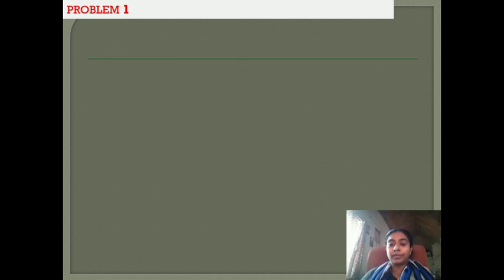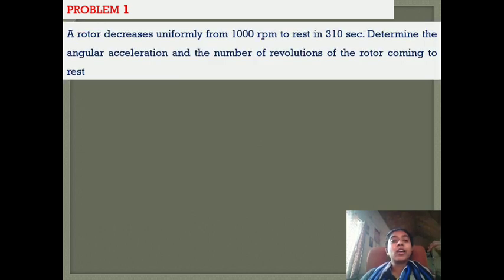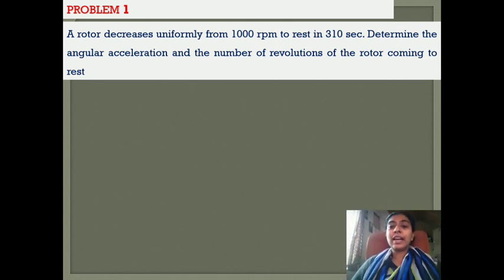Now, with respect to a fixed axis, we will see two problems today. The remaining problems we will see in the next class. The first problem: a rotor decreases uniformly from 1000 rpm, 1000 revolutions per minute, to rest in 310 seconds.